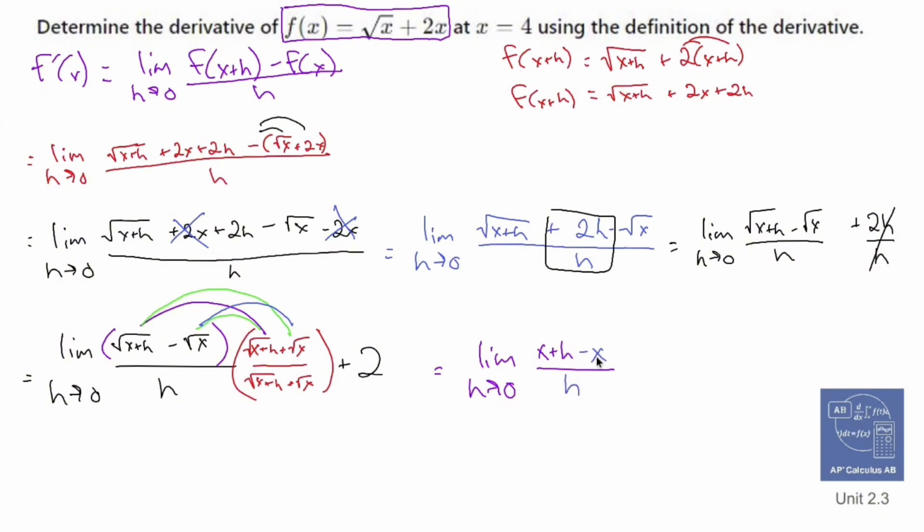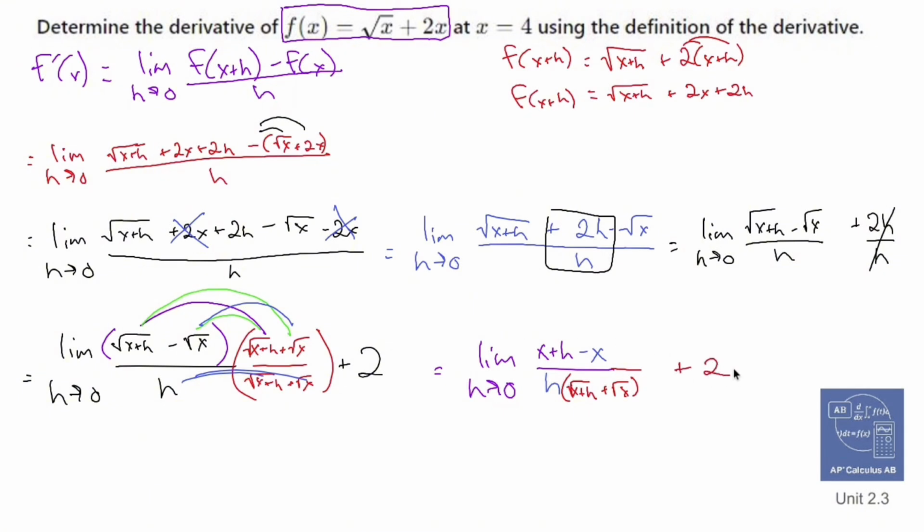Now, it is all over h, but I still have to factor these guys out. So what I'm going to do is keep that h over here and not distribute it out. Root x plus h plus root x.